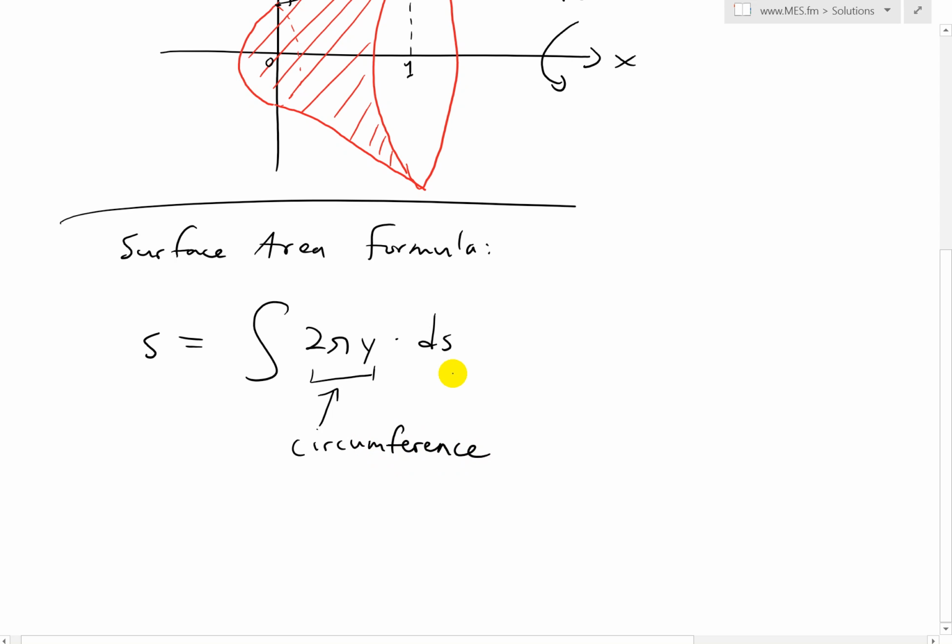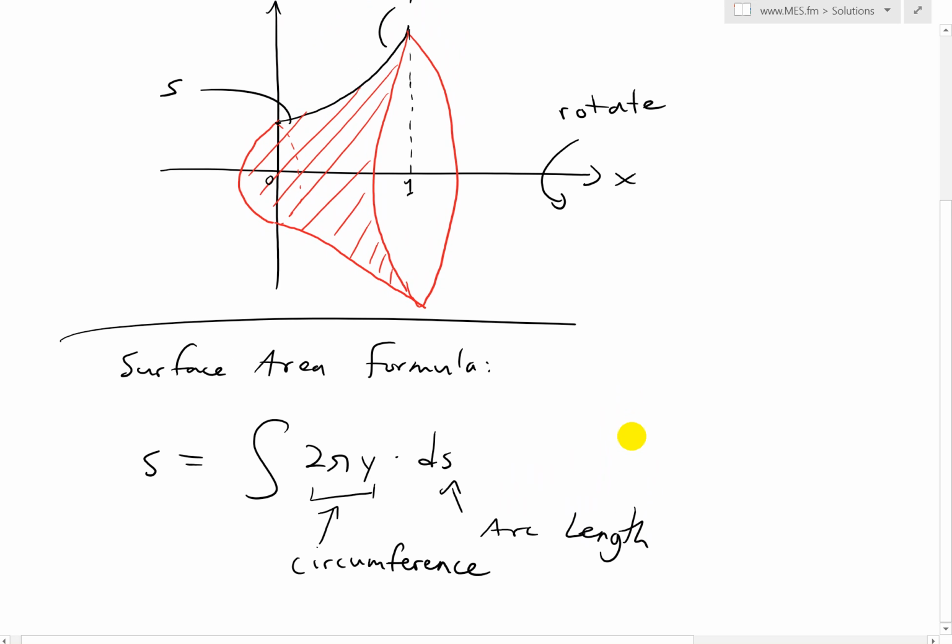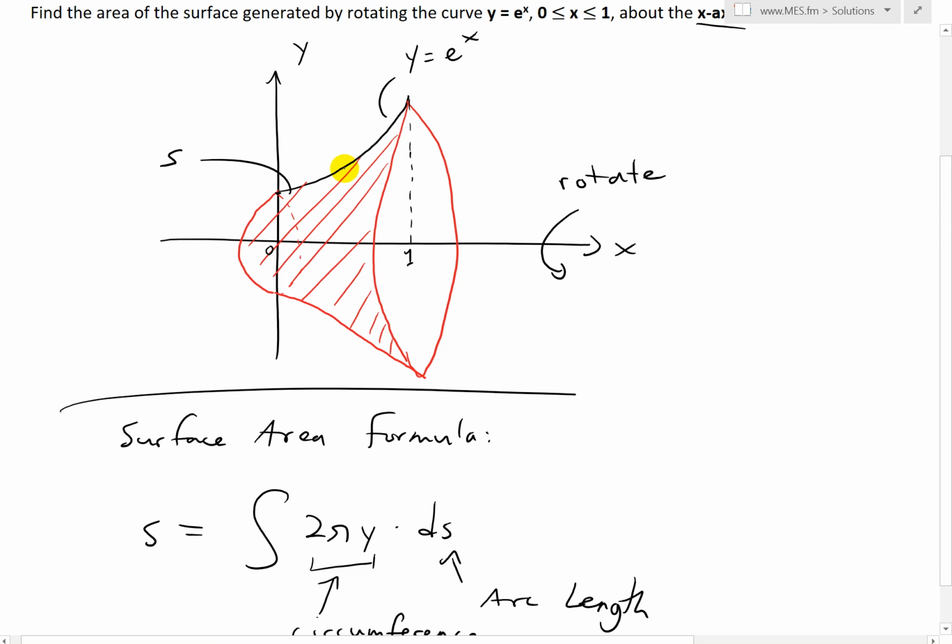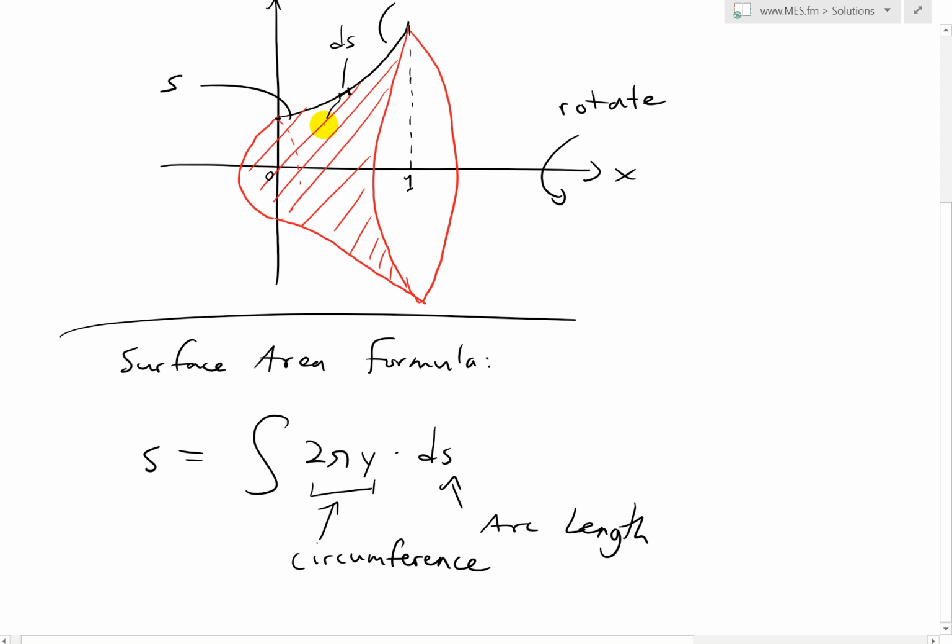This is the circumference, and this is the arc length. If you were to take a small section across here, a random section, we'll call this distance ds, that arc length, and then we rotate this about the axis, we get something that looks like this. So this is a very, very small section, and we consider this ds as an infinitely small arc length.